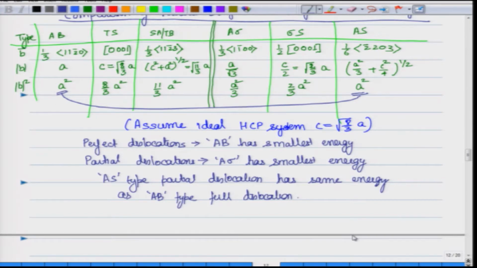Okay, so, this is clearly AB type dislocations are much preferred when we are talking only about the partial dislocations.